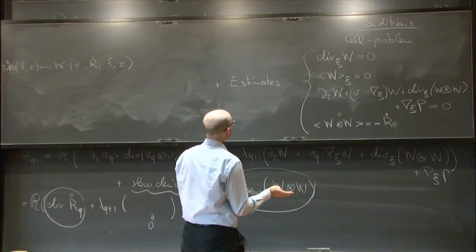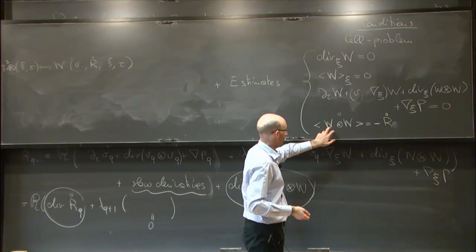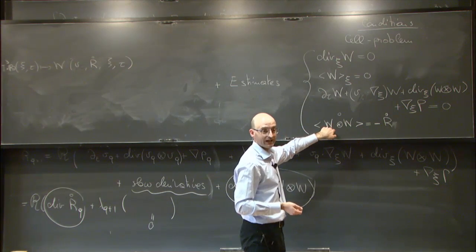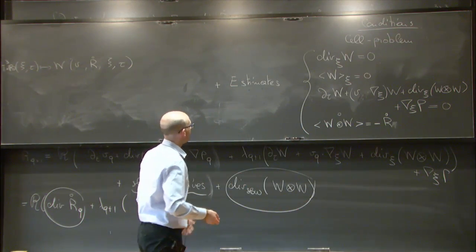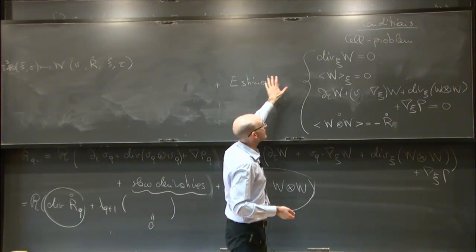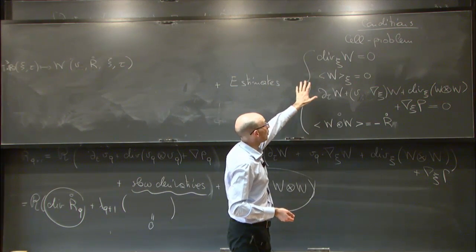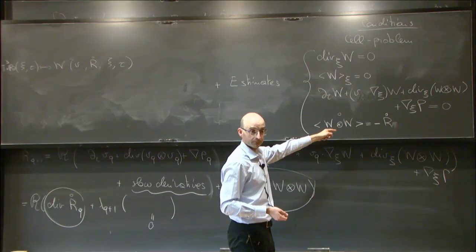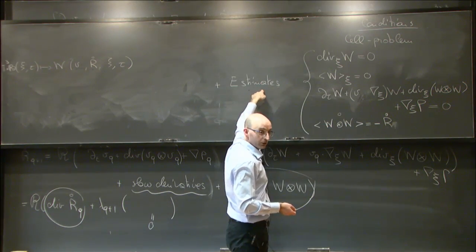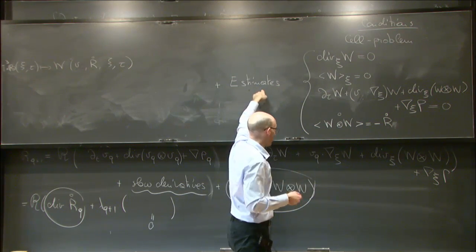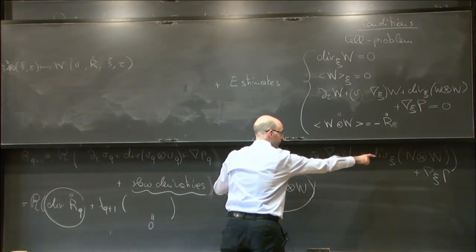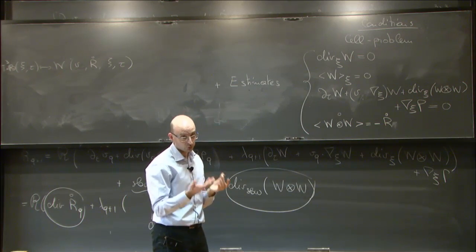But that's not all I need; I also need information about the V derivative of W and the R derivative of W. Otherwise, this scheme is breaking down. Okay? And actually, what you realize is that you cannot solve this cell problem and get the correct estimates and run the iteration in such a way that all this guy over here is set equal to 0. That you cannot do.